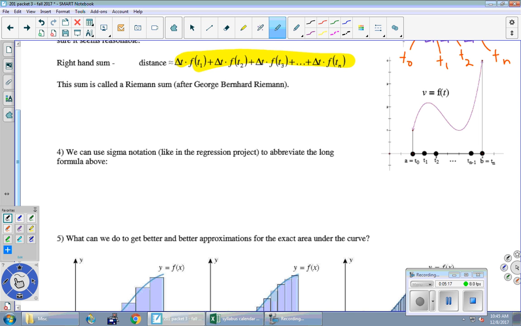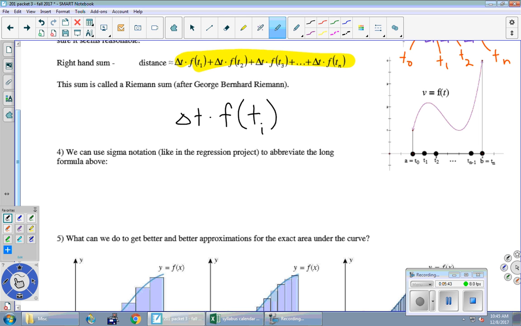What's the same in all of the terms, separated by these plus signs? Well, there's a delta t, and then there's a times, and then there's an f, and then there's a t, and the only thing that changes is that little number down there, right? It becomes 1 and 2 and 3 and all the way up to n. And so let's replace that specific number with a generic letter, and I want to pick the letter that's on your page. I.